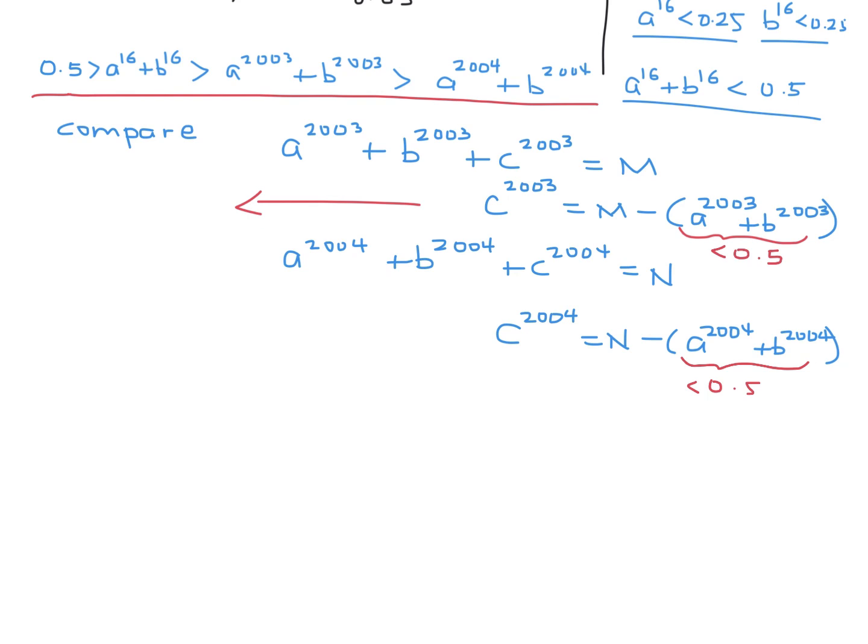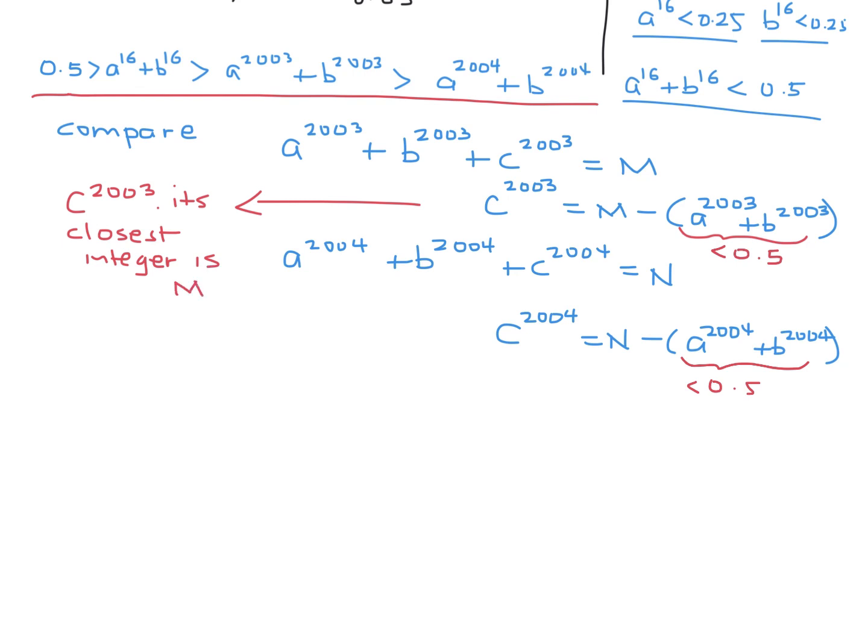Because m is an integer, and this part you have to subtract, and it's less than 0.5, they're very close to each other, maybe 0.4, maybe 0.3. So we can conclude that c to the power of 2003, its closest integer is m.